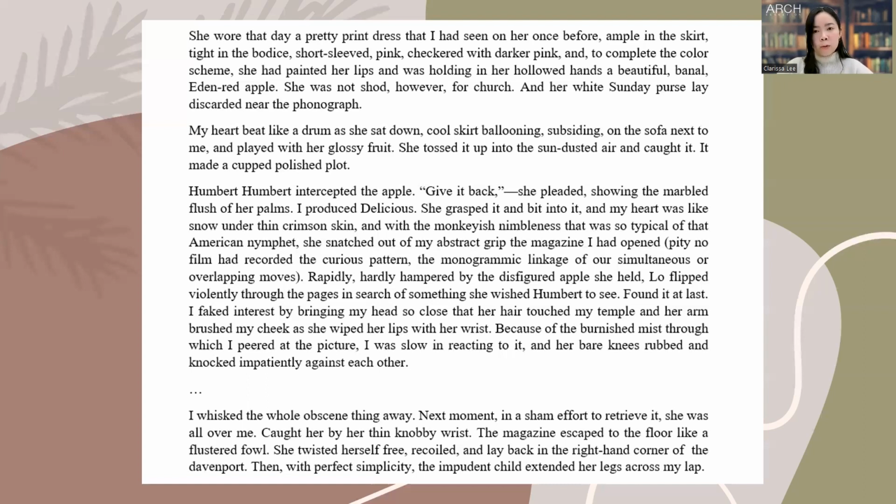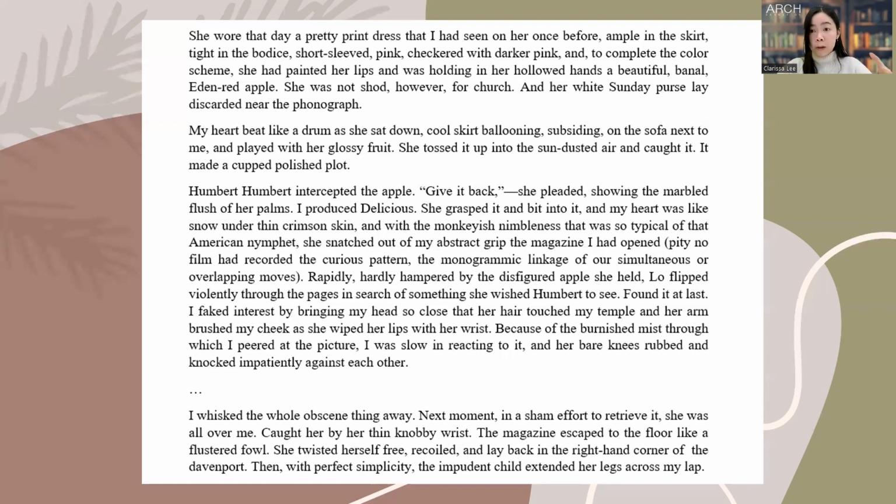Right away, you would be noticing this kind of religious imagery. She was holding an Eden red apple. That's reminiscent of the Garden of Eden, the fall of man, that kind of thing. And then it's followed up with this: she was not dressed for church. Her Sunday purse lay somewhere discarded. So I'm noticing heavy religious imagery.